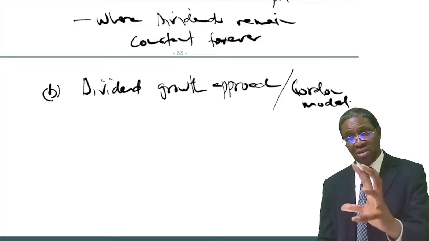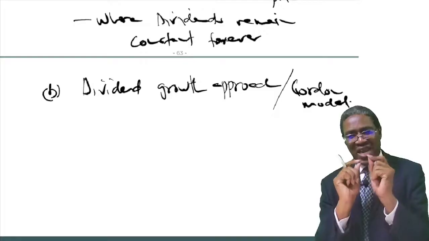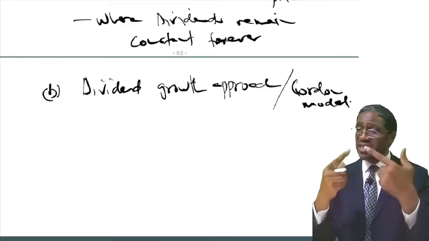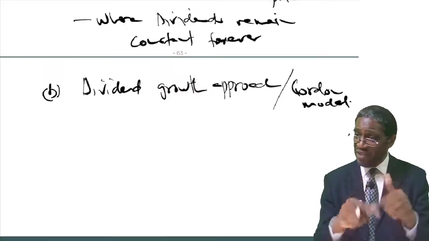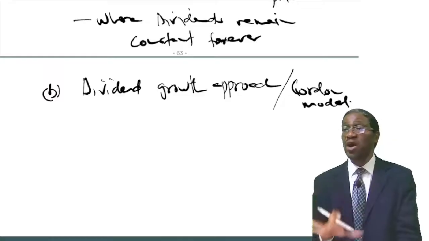But for now, we are computing the cost of capital. Where there is a growth in dividend, maybe every year the dividend in the company grows by 5%, how do you compute the cost of capital?